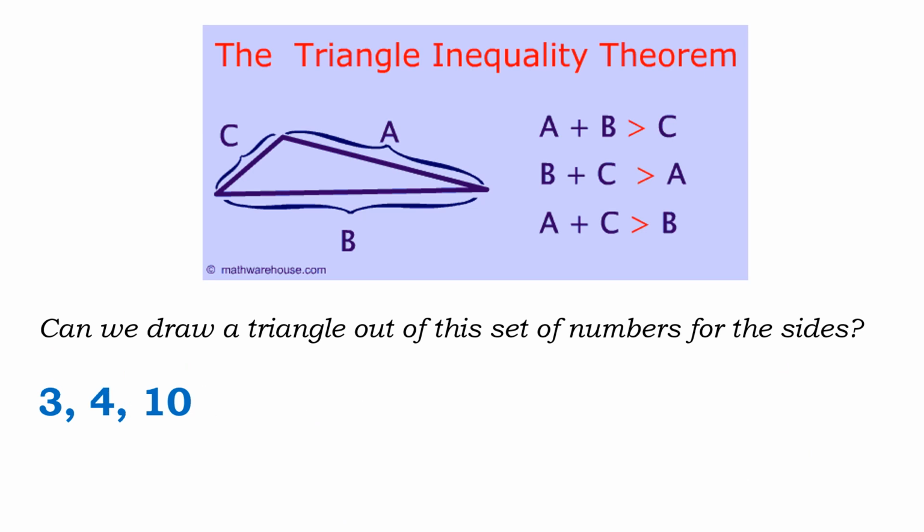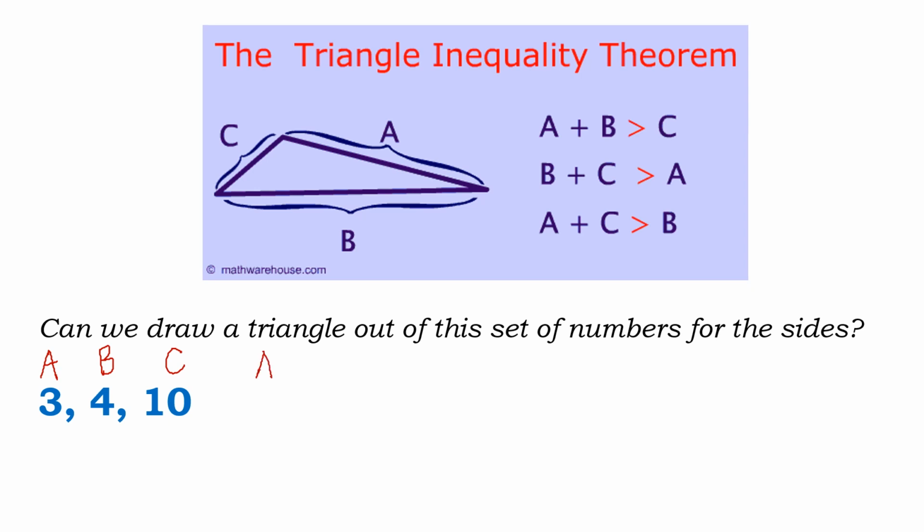Alright, so we have another problem. We have the combination 3, 4, and 10. Can we draw a triangle out of this set of numbers for the sides? Again, we will go back to our condition. The first thing is to label our sides: A for 3, B for 4, and C for 10.